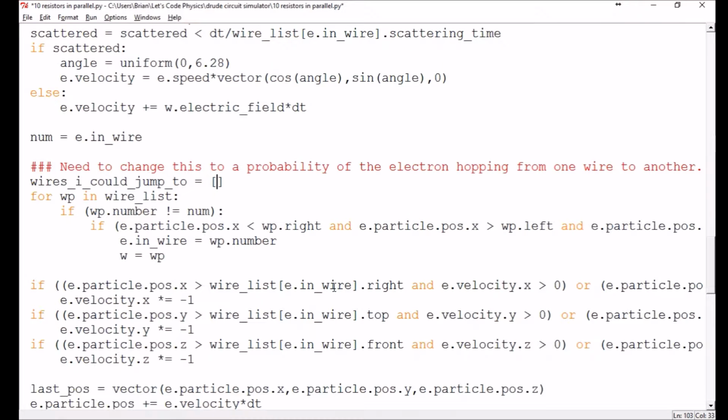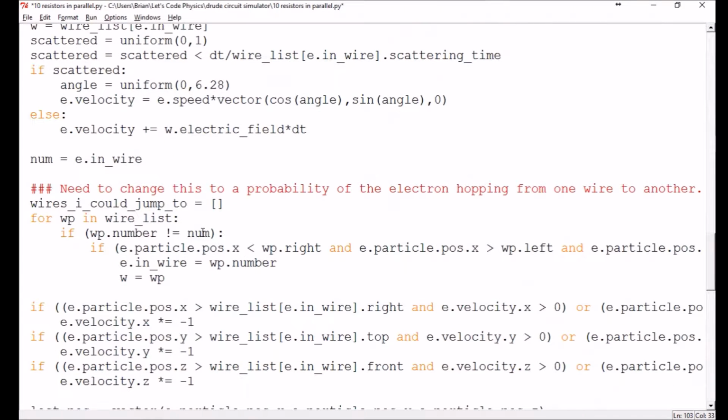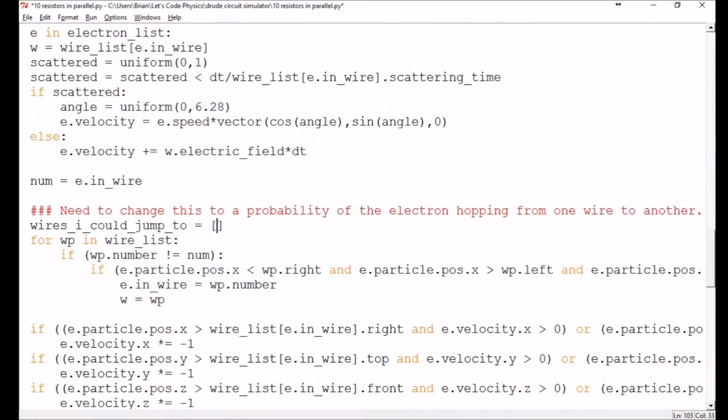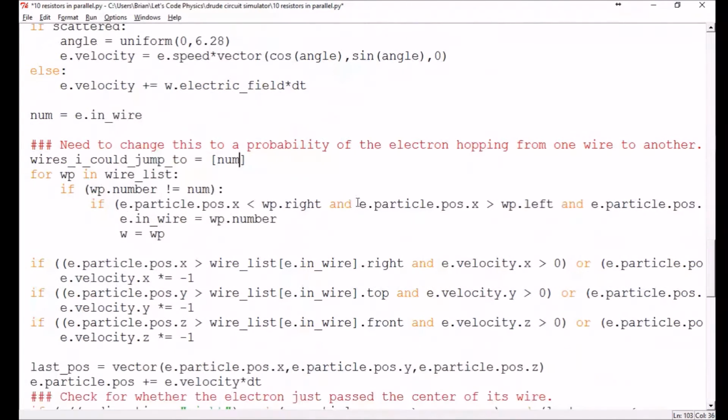So we're going to have, let's see, I guess we'll just have this be the numbers of the wire. So this is going to be num. So we'll start out with the current wire that it's in. And now instead of placing the electron in that wire, we're going to add to that list. So we're going to do wires plural I could jump to.